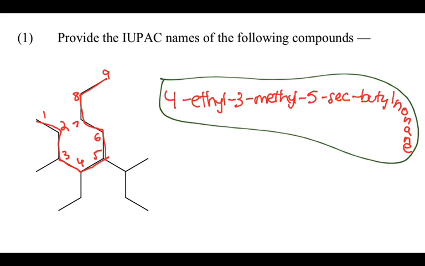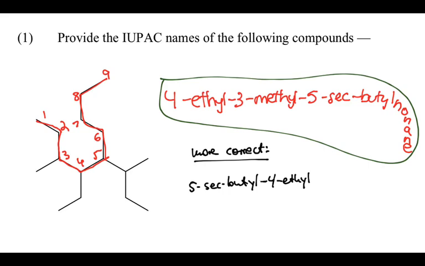But ideally, the name you would want to call it, which is more correct, would be 5-sec-butyl, because the B comes before the E, right? And then 4-ethyl, 3-methyl nonane.